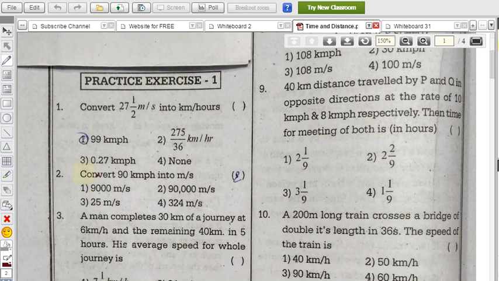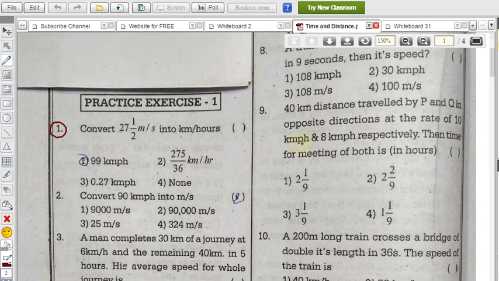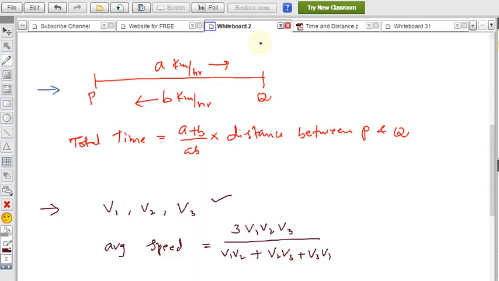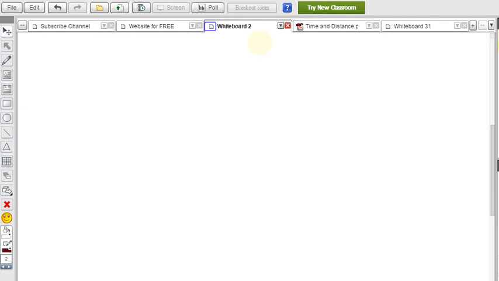First one: convert 27 1 by 2 meter per second into kilometer per hour. To convert into kilometer per hour, you just have to multiply by 18 by 5.